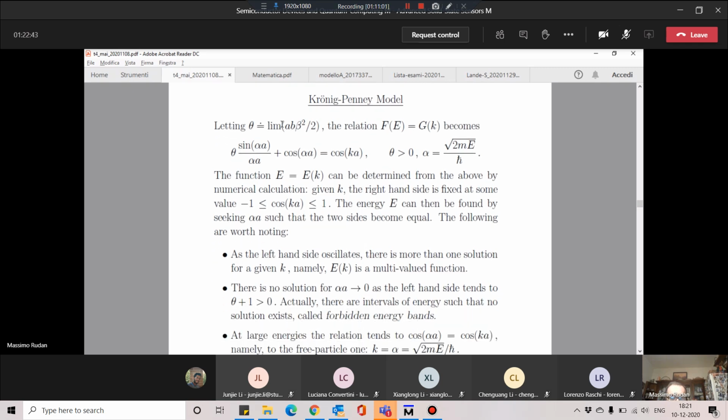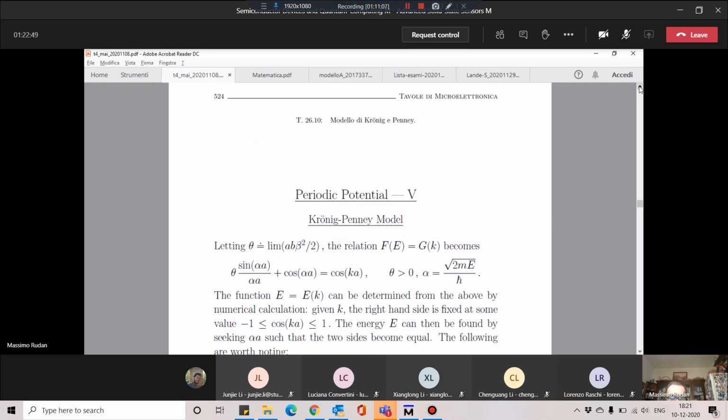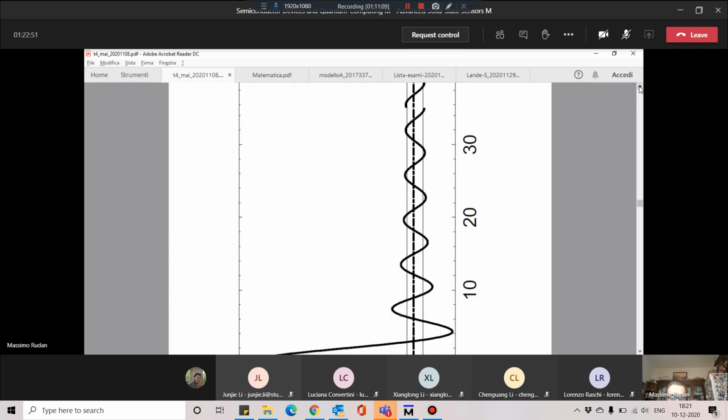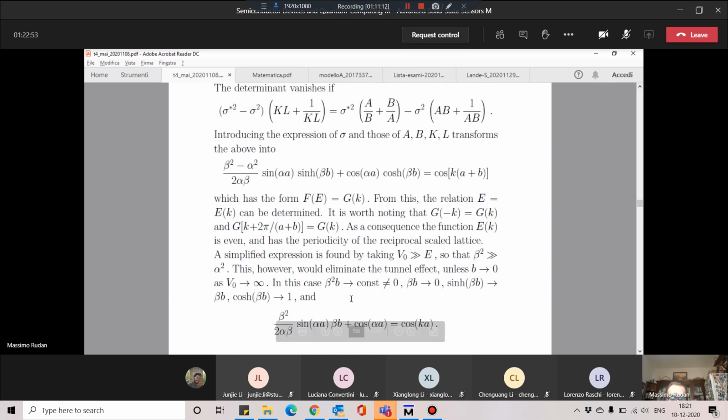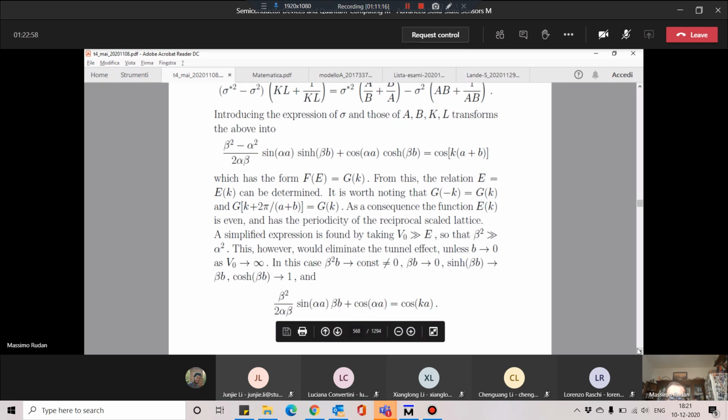When we go to the limit, we have, you remember, in front of the sine, sine alpha A times beta squared B divided by 2 alpha.